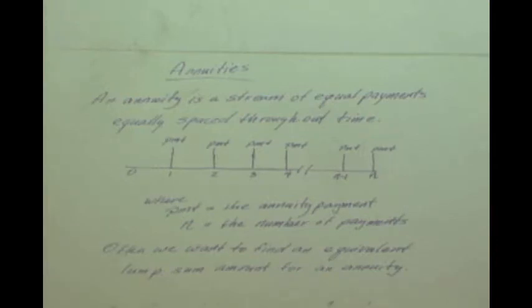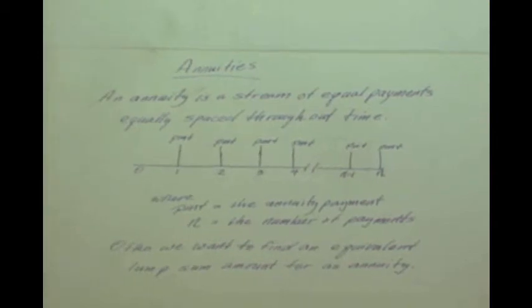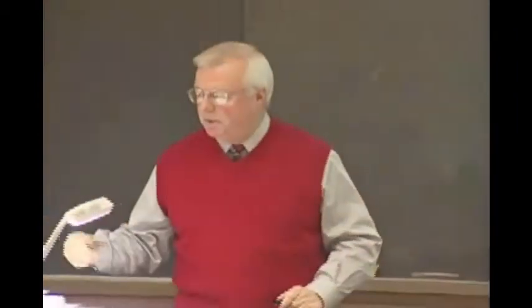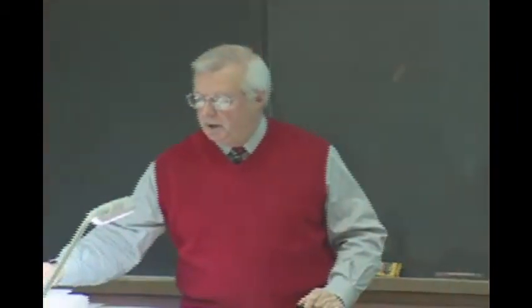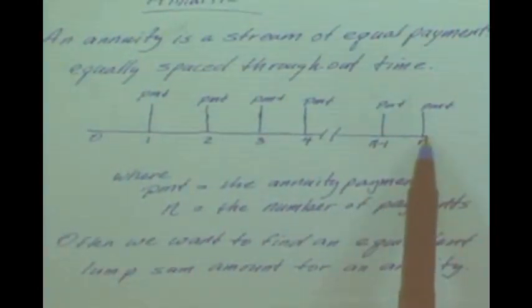And quite often, we want to find some equivalent lump sum amount that consolidates all of these payments at a point in time. Frequently, that point in time is right here, one period before the first payment, or right here, one instant after the last payment is made.